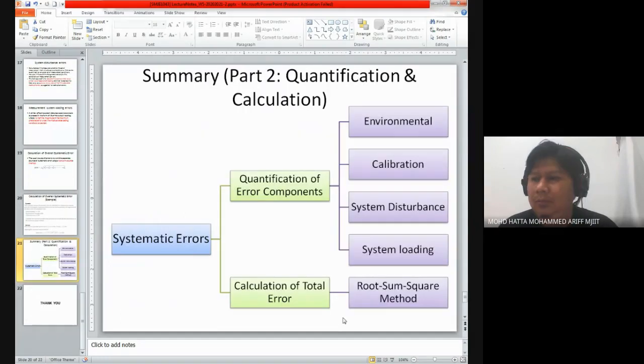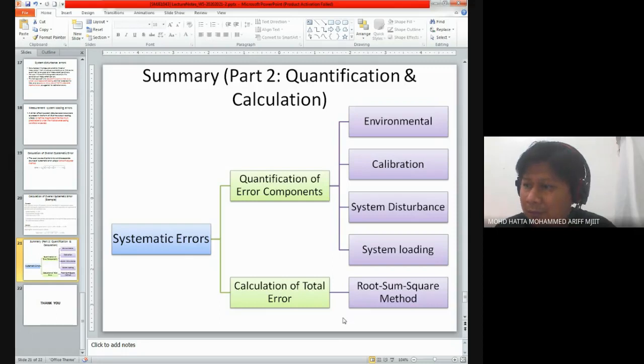All right, I think this is my second last slide. This slide summarizes what we have learned today in part 2. The first one is we try to quantify the error components, and remember the keyword here is to first find the maximum possible error, and later take half of that value.